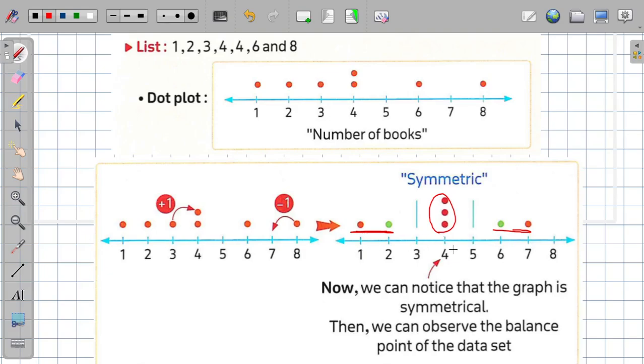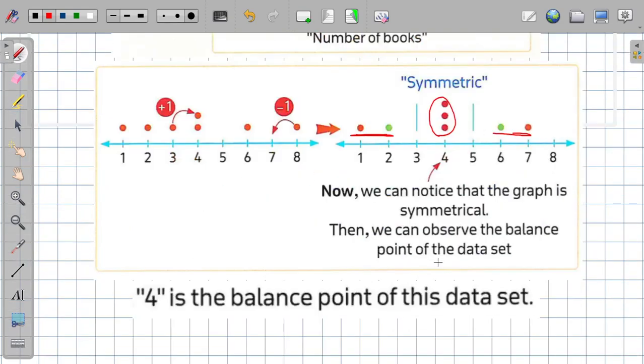So I think I made the dot plot symmetrical, so I can see that 4 is the balance point of the dot plot, and we can say that 4 is the balance point of the data set.